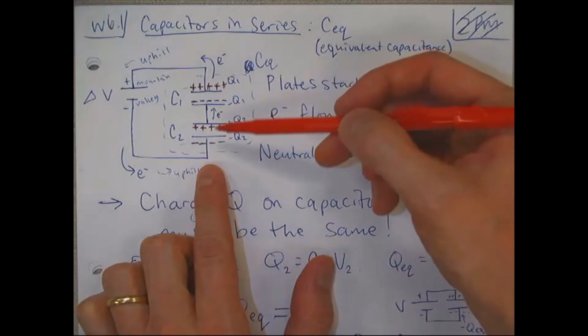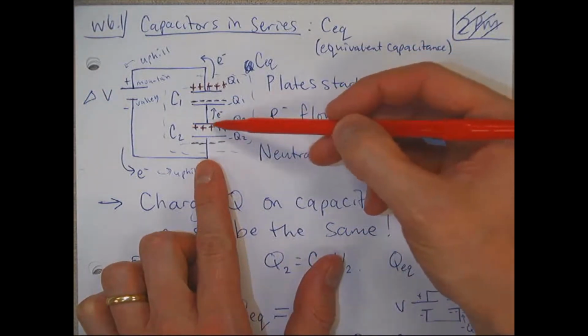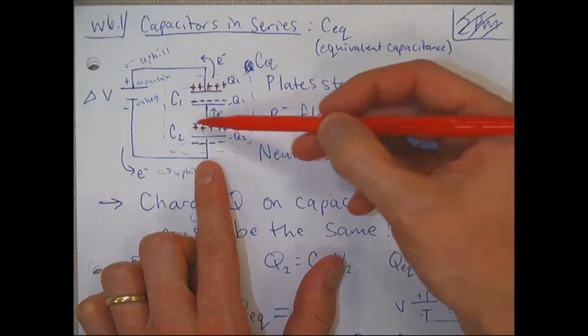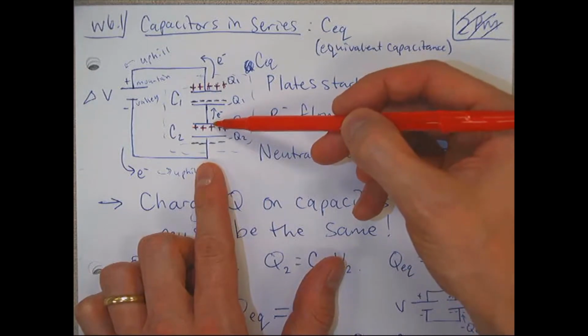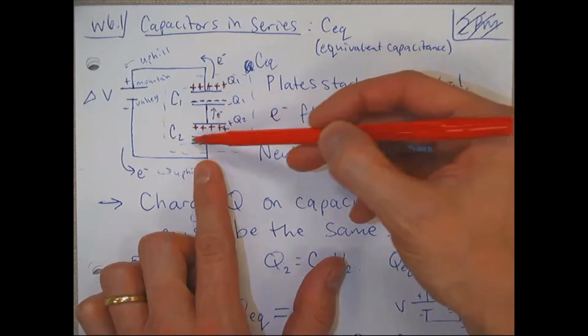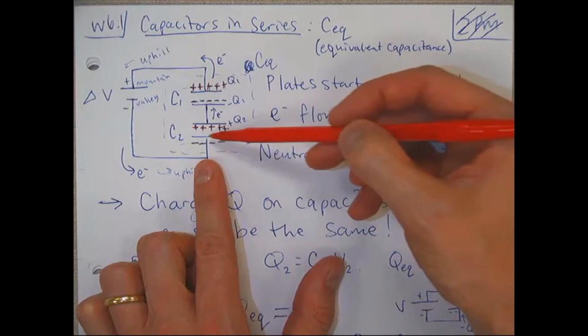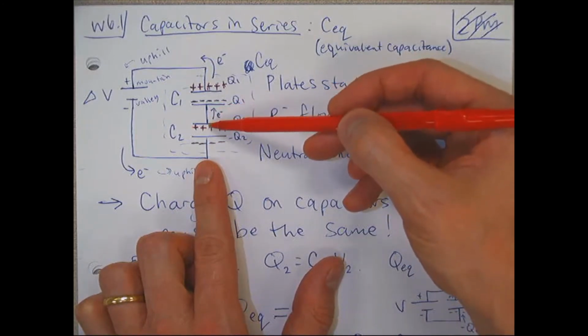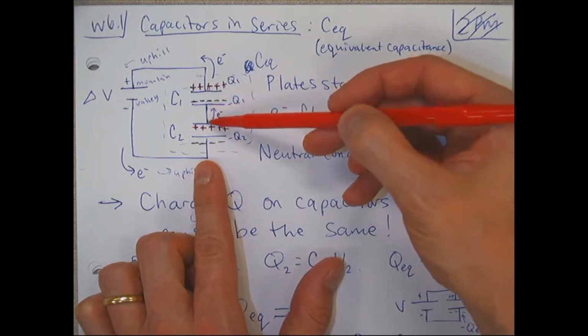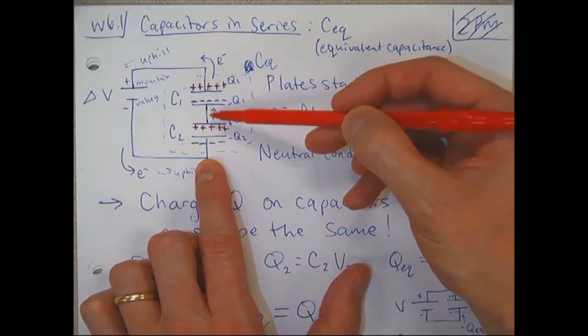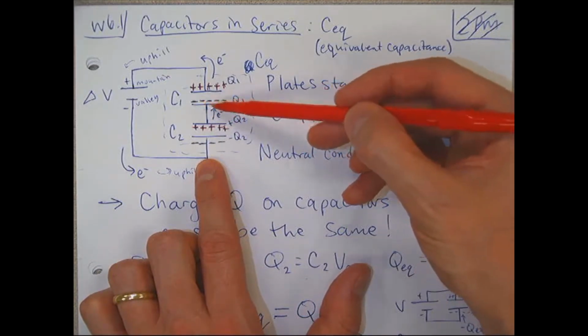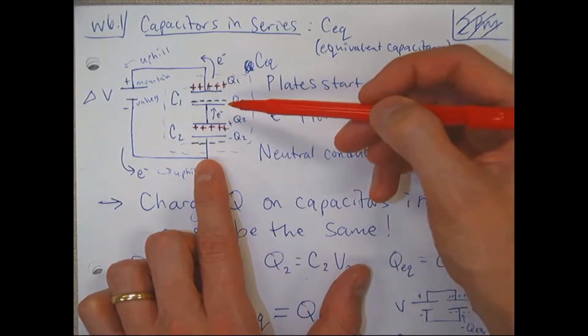You can see that now free electrons that are in the top plate of capacitor 2 will naturally want to travel away from the electrons that were deposited down here. They feel a push, so they go the only place they can go by this connection, this wire. They go up to the negative plate of capacitor 1.